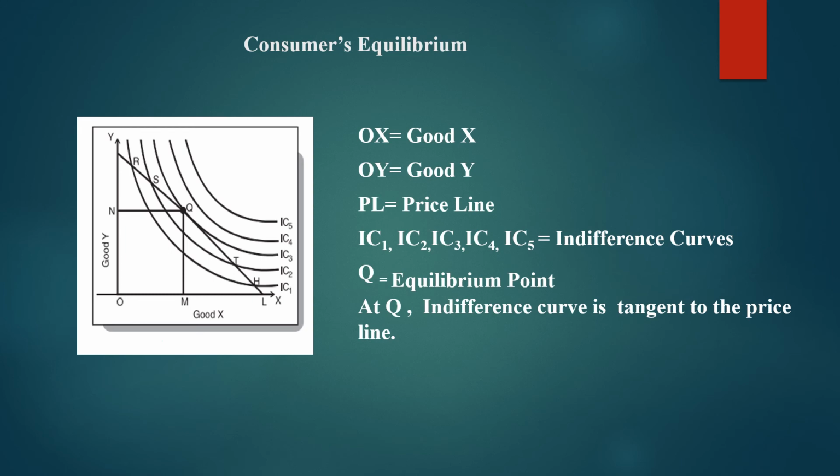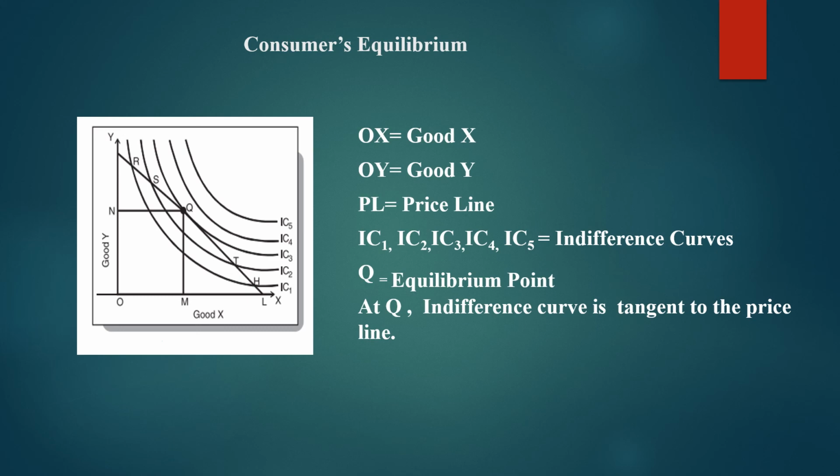The OX axis refers to the consumption of commodity X, and OY refers to the consumption of commodity Y, and PL is the price line. You see there are many curves: IC1, IC2, IC3, IC4 and IC5. These are all the indifference curves. And you see these various points.